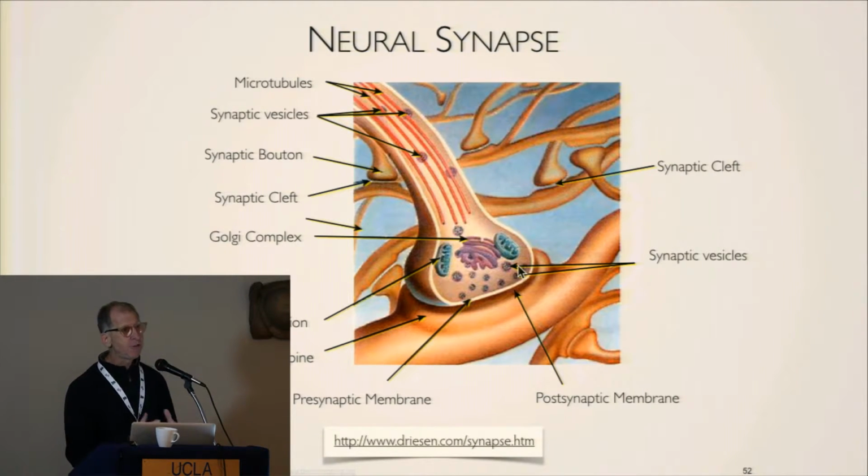The fact that you have a huge amount of mitochondria in the synapse is evidence that something going on at these synapses requires lots and lots of energy. And then you also have this thing called the Golgi Complex, which most of you know is involved in the formation of vesicles. So this is a machine for creating these vesicles.